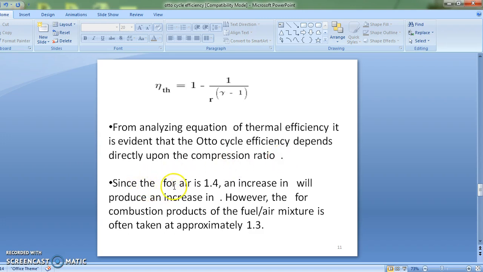Since the gamma for air is 1.4, an increase in gamma will produce an increase in efficiency. However, the gamma for combustion products of the fuel and air mixture is often taken as approximately 1.3.